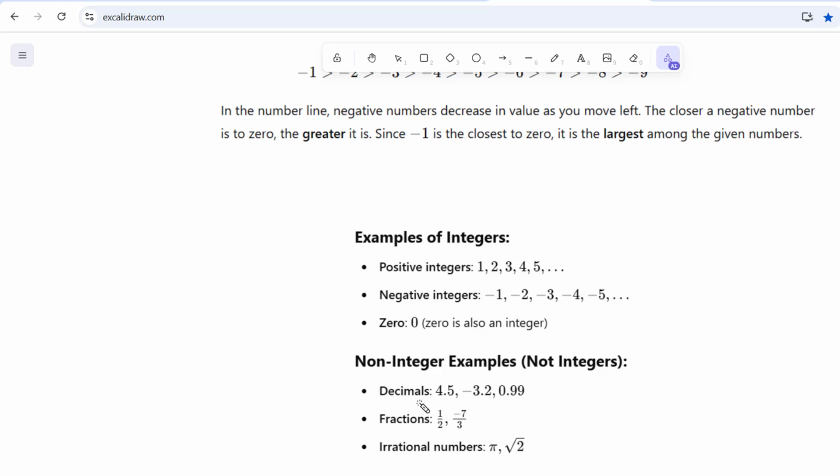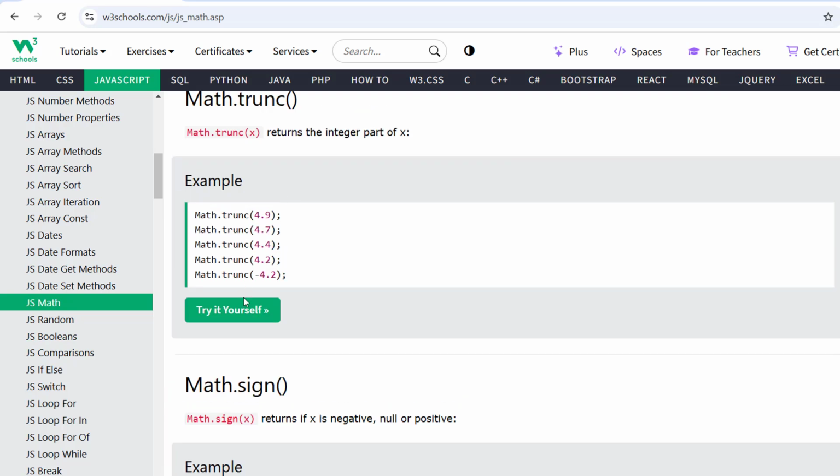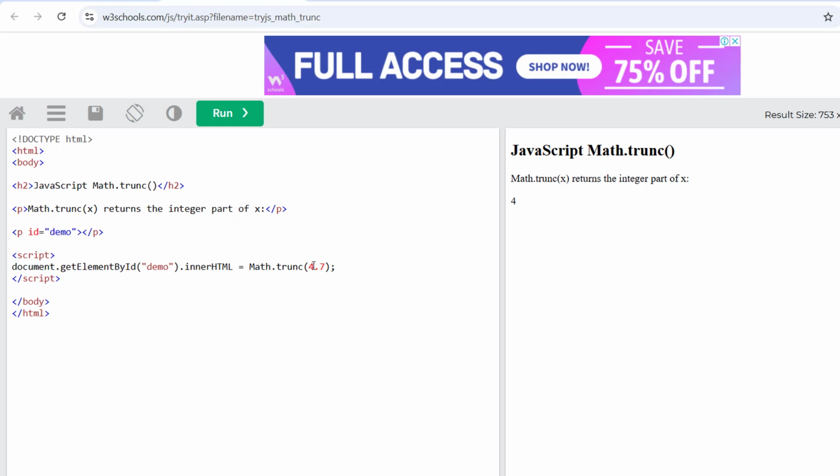Non-integer examples are decimals and fractions. So these are non-integers and these are integers. So what are they returning? Math.trunc will return the integer part. It may be minus, whatever it is, but it will return the integer part.